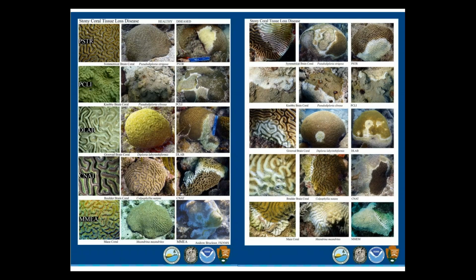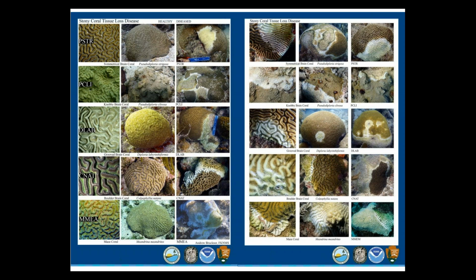As a part of the Florida response, Andy created these stony coral tissue loss disease ID cards. These can be downloaded, printed, laminated, and brought into the field. There are pictures of all of the affected species. You can see what a healthy colony should look like, and you can see different ways that stony coral tissue loss disease can present itself in that species.